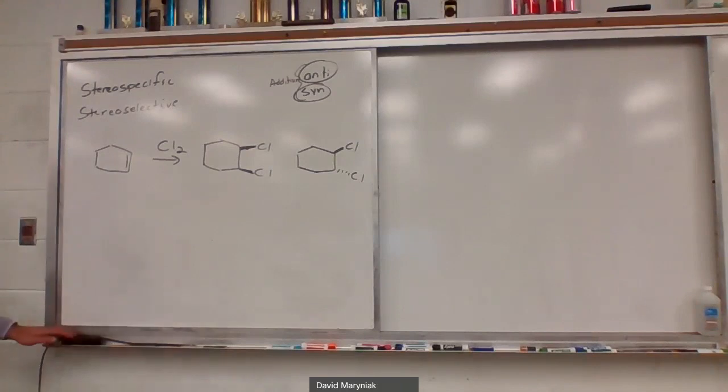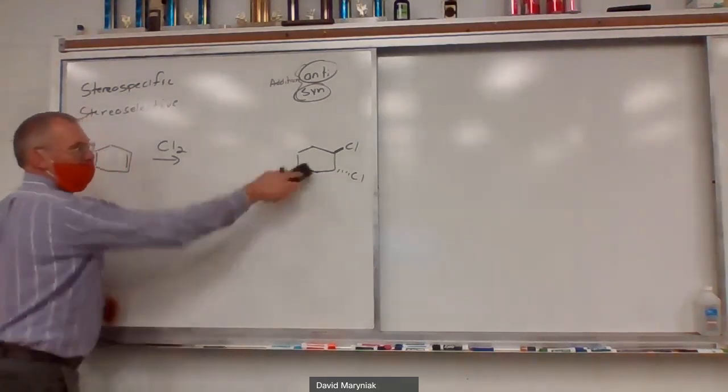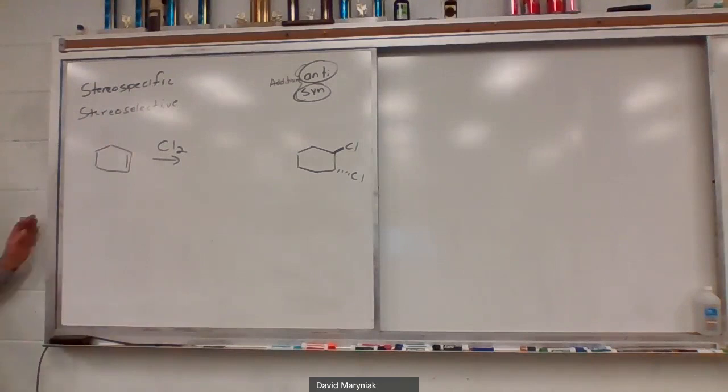So if I tell you this is the only one we get, that's the only product we get, would you say chlorination is then stereospecific? And does the mode occur by anti or syn? Anti. Because are the two chlorines from the same face or from opposite faces? And now that one's a much better example.